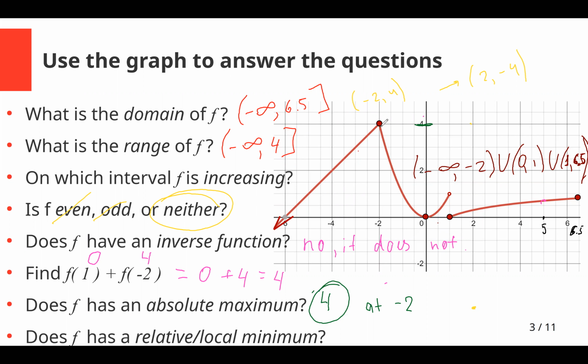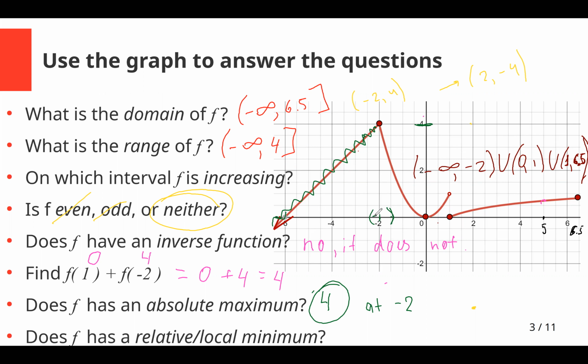Now, look over the definitions very carefully, because if I wouldn't have this part over here, this one is also a relative maximum. So if I wouldn't have this part, it would be my absolute maximum, but it will not be a relative maximum, because I cannot find an open interval around it where it's the highest value.